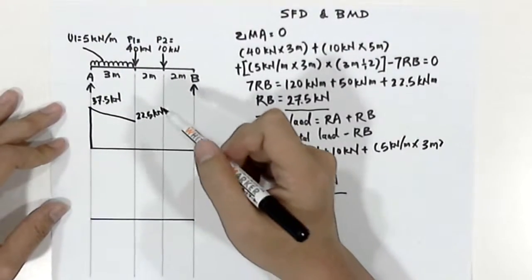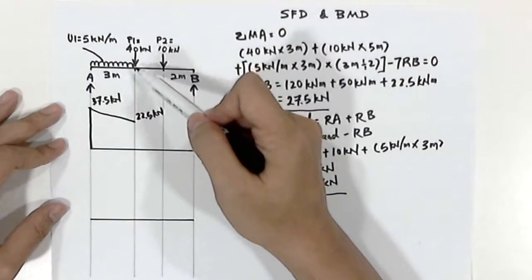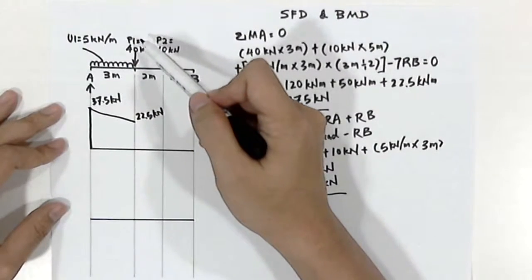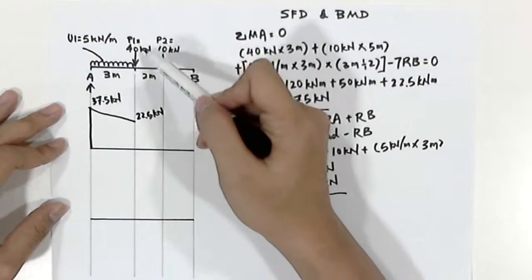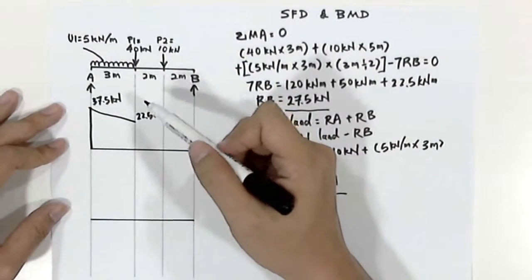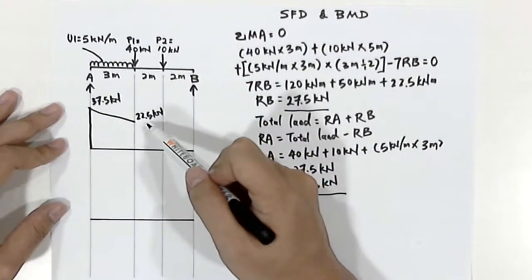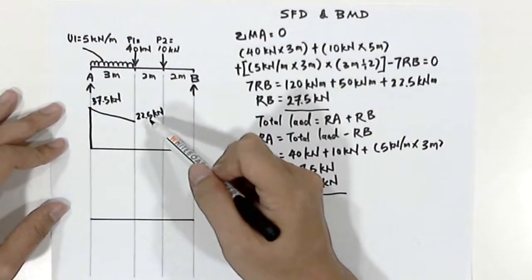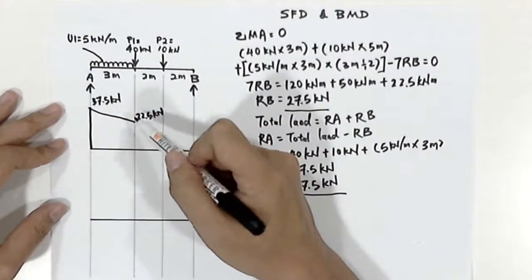So what happened here is that now we have a point load 1, P1 equals to 40 kilonewton. What P1 does to the shear force diagram is that we'll have to use 22.5 kilonewton to deduct 40 kilonewton.